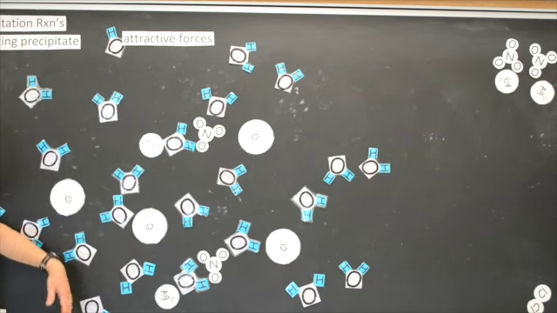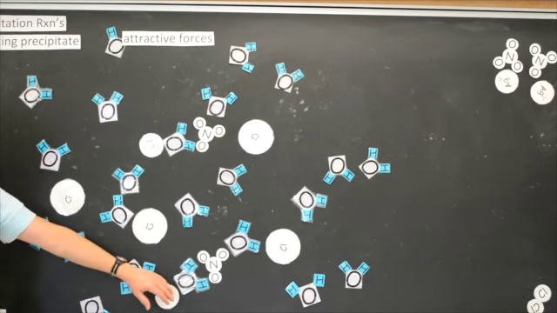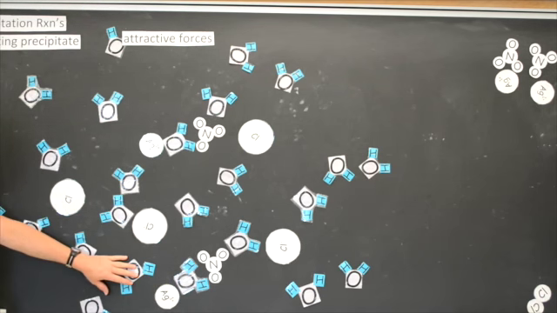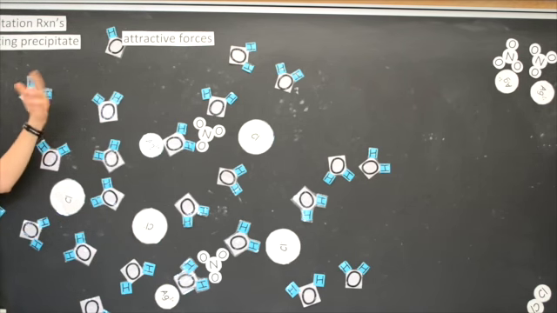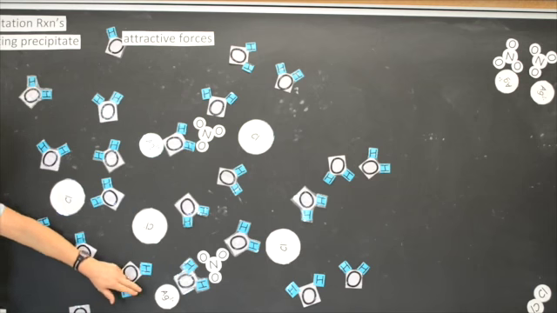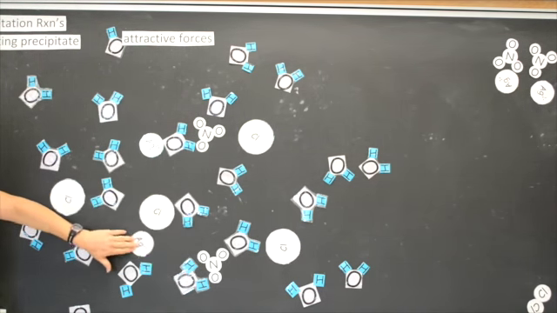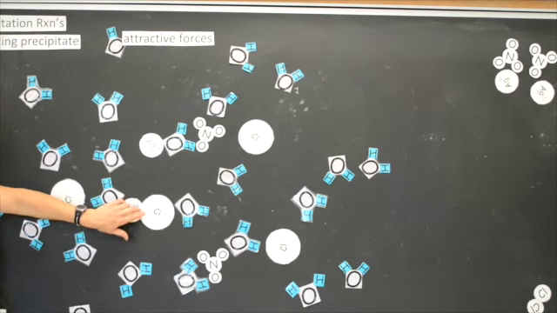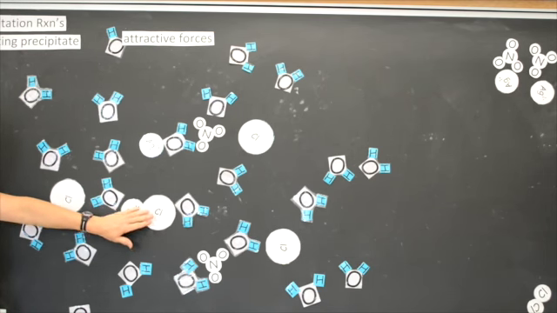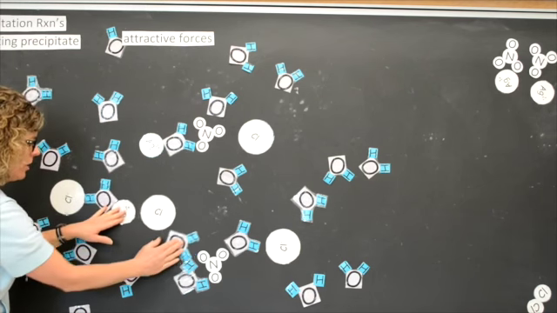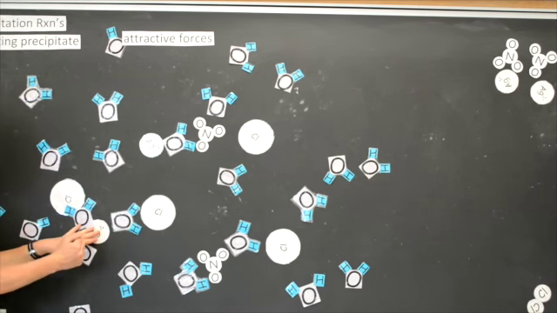Now we have a situation where silver nitrate has dissolved, and we get this white precipitate. We've got a strong attraction between silver and chlorine, and in fact, the attraction between silver and chlorine is greater than the attraction to water.